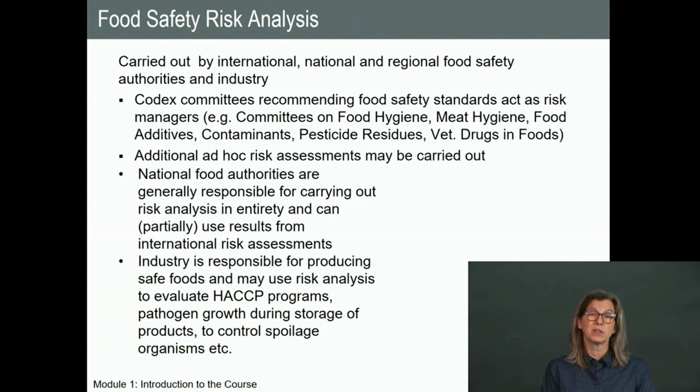So food safety risk analysis generally is something that is carried out by many different levels of government. Codex is the international level. Of course, when you're looking at things at the international level, it's much more abstract than when you get down in detail, but certainly even national, regional, local organizations are all a part of the food safety system.